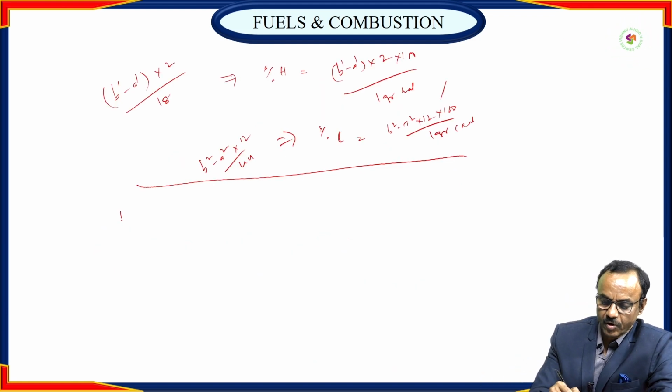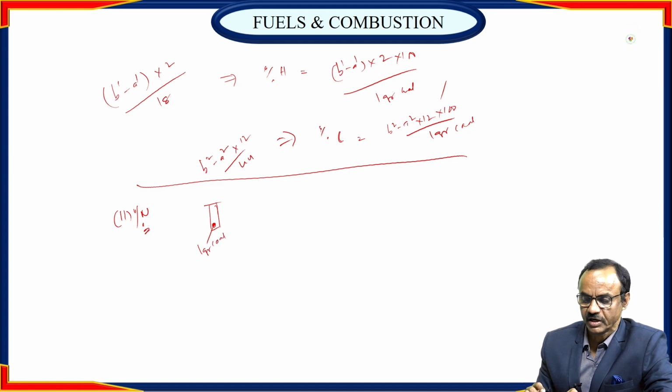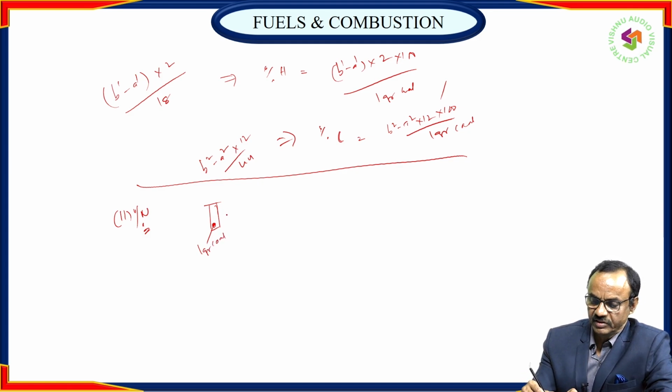Analysis of nitrogen. Percentage of nitrogen. Just the same. Take 1 gram of coal in a closed container. Treat it with H2SO4. Dissolve in H2SO4.